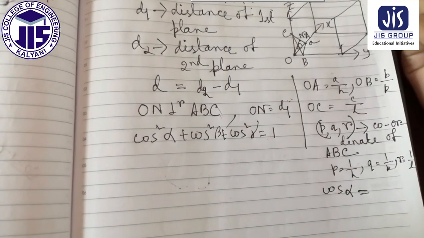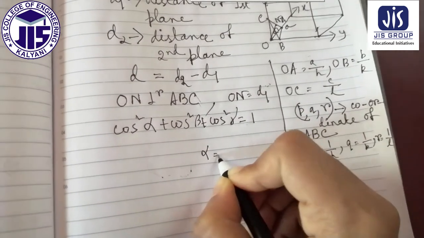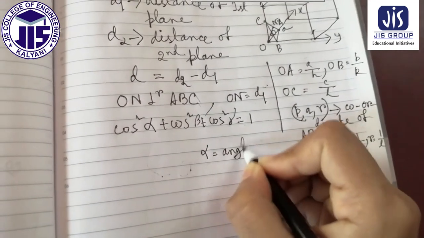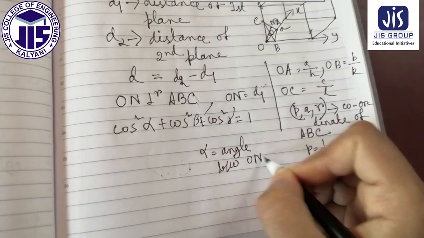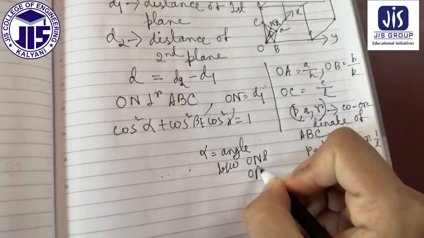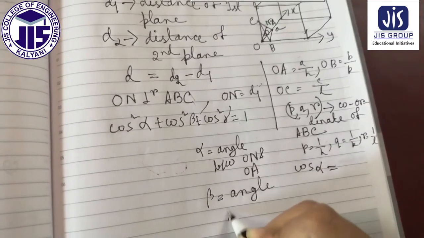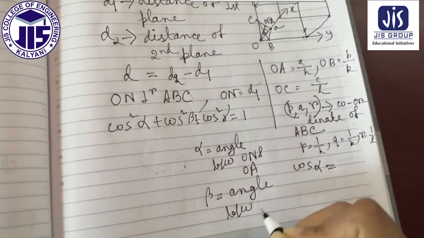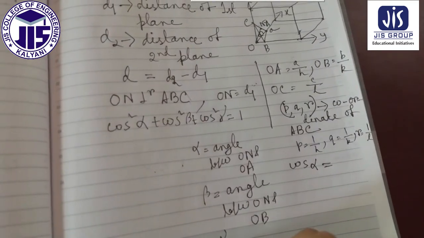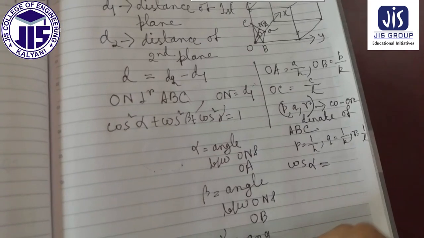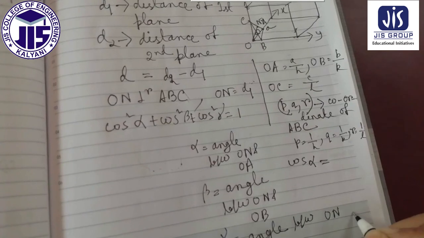Beta is the angle between ON and OB, and gamma is the angle between ON and OC.